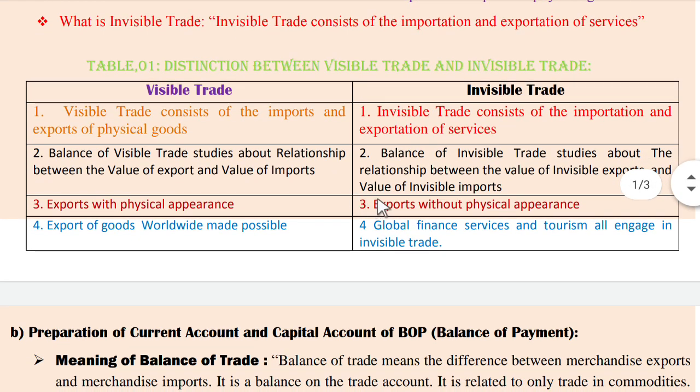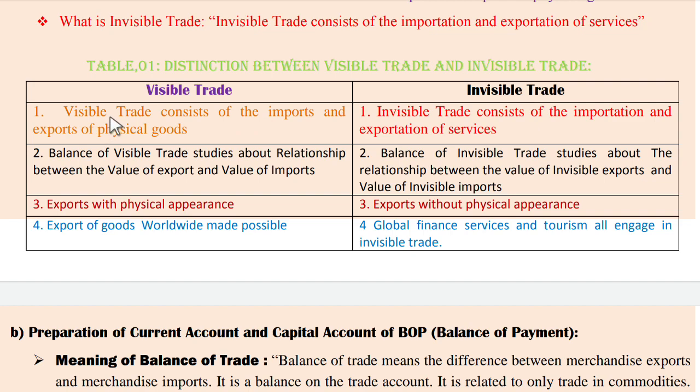Now we will move on to the main concept, that is, the distinction between visible trade and invisible trade. On the left hand I put visible trade, and on the right hand I put invisible trade.